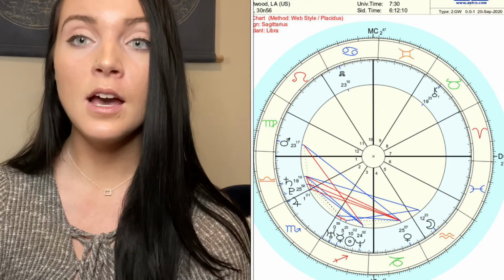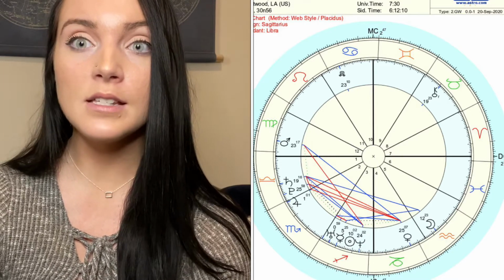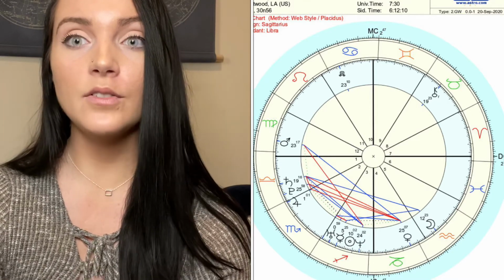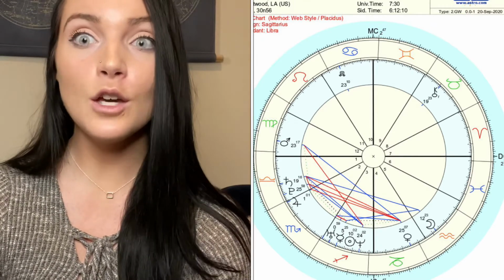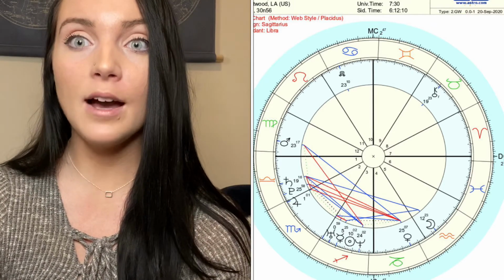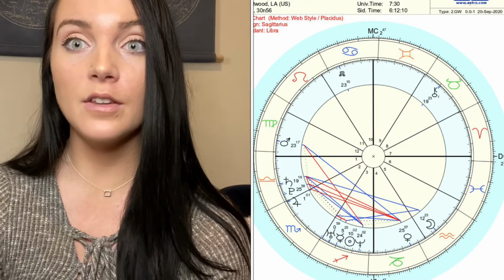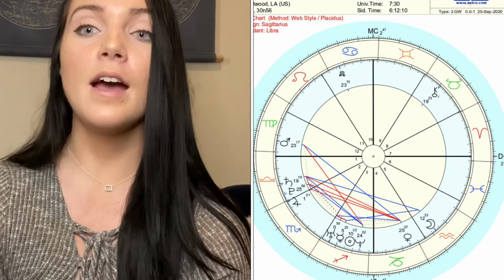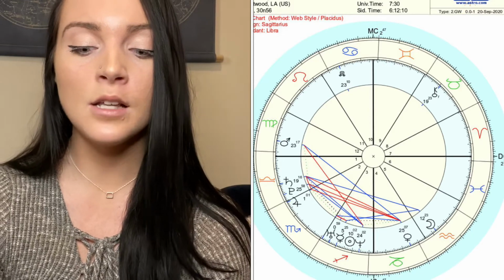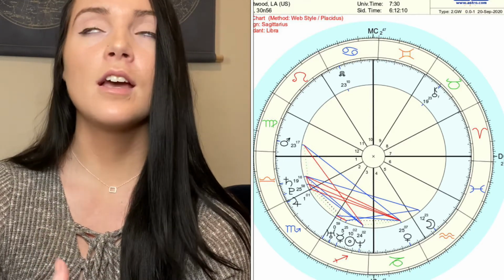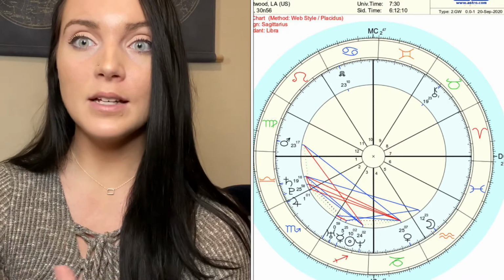So we see that her 11th house is in between the sign of Leo and Virgo. So to determine the ruler of her house, you look at the house cusp, the sign on the cusp of that house, and that is how you would determine the ruler using Placidus. However, for me, it's just a little bit messier.